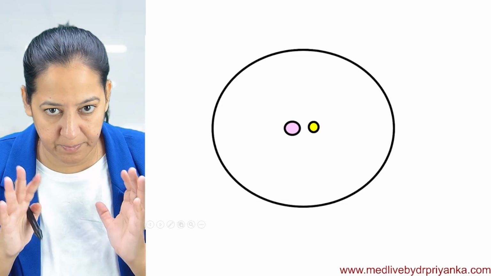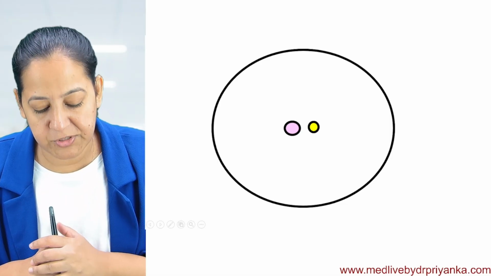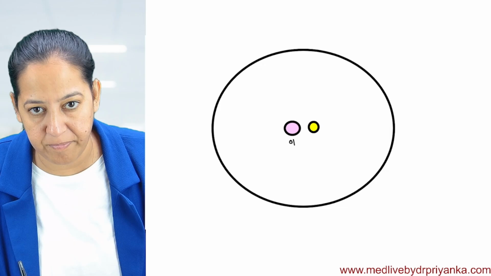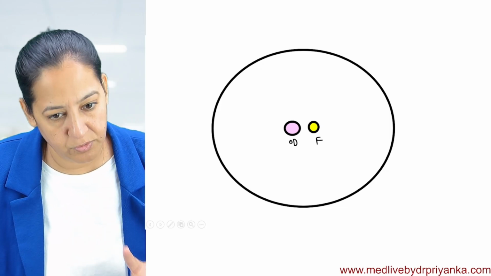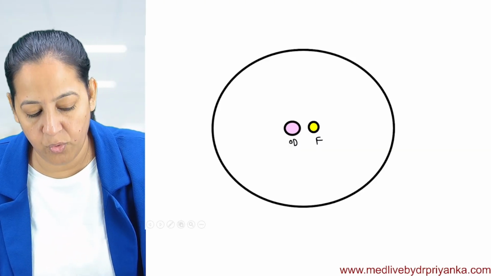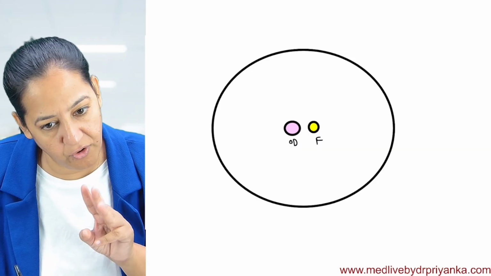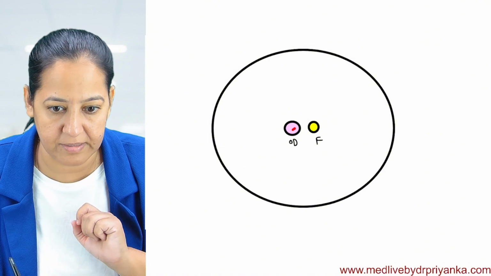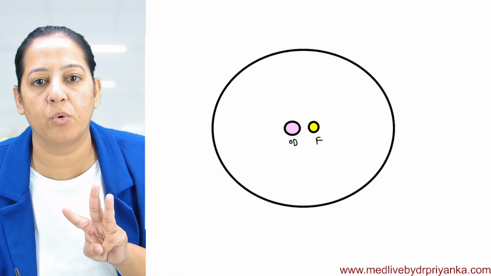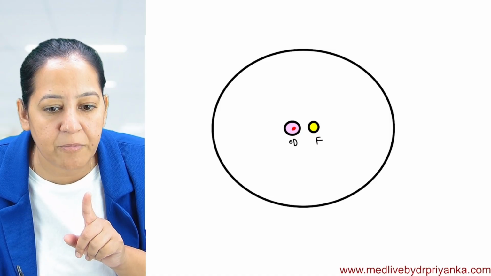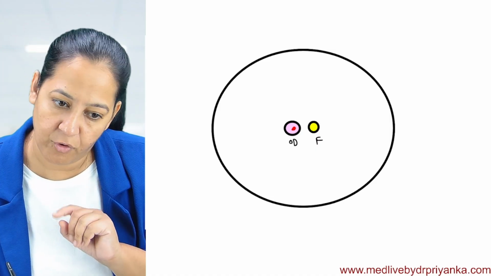This is the retina, the posterior pole of the retina. In this posterior pole, first identify the optic disc and the center of the macula, that is the fovea. Now draw zone 1. The center for all 3 zones is the center of the optic disc. I am drawing a red dot, which is the center for all 3 circles.